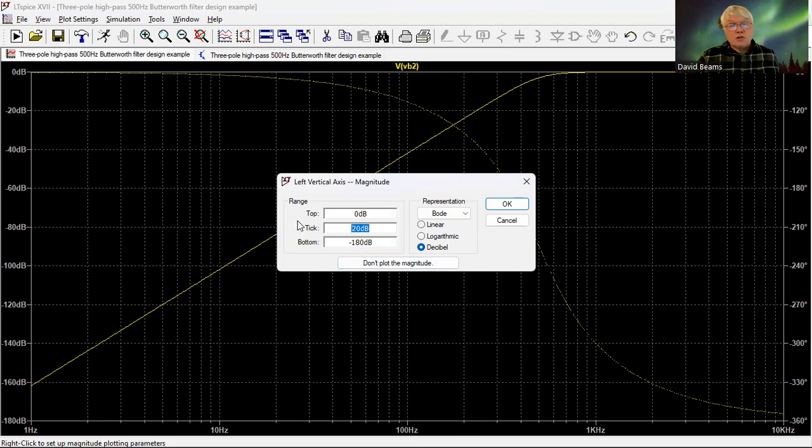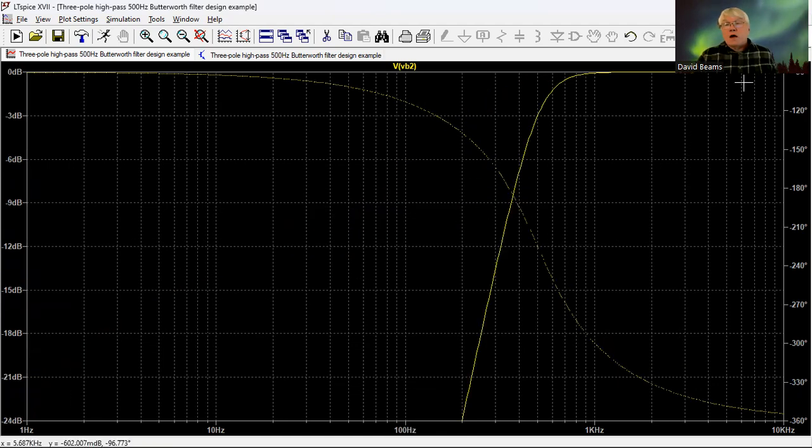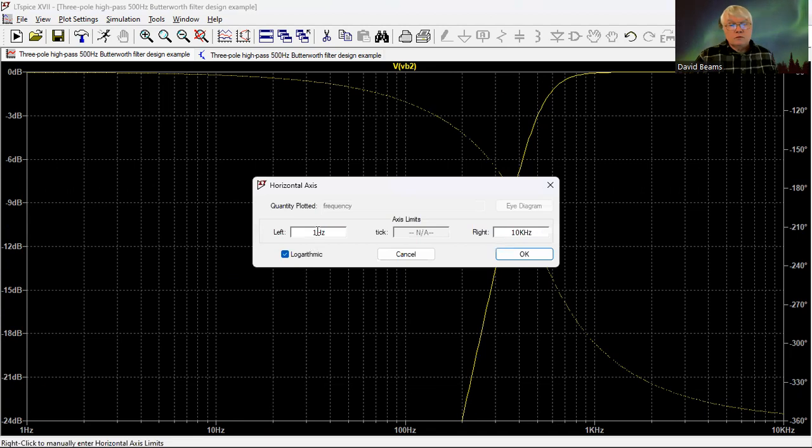Let's change the magnitude scale so that we have increments of 3 decibels, and let's say it goes to -24. Now, the solid line here, by the way, is the magnitude response in decibels. This little dashed line here is the phase response of the network. Okay, and let's say we start the frequency scale at 10 hertz.